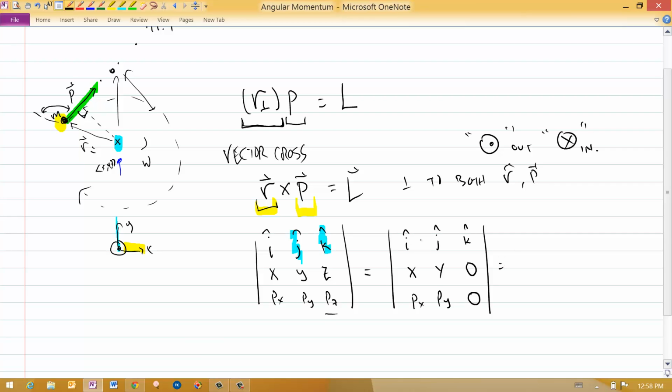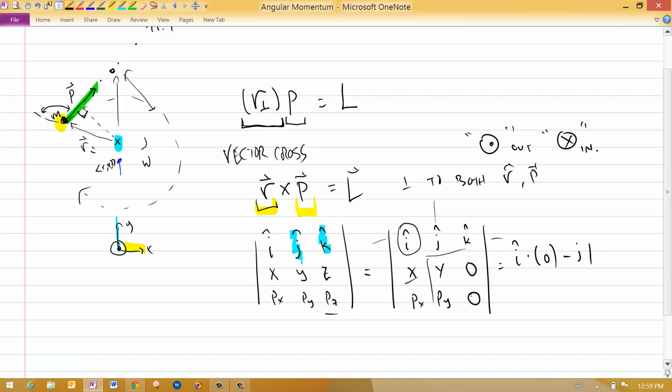Now when I take this determinant, I'm going to expand it by cofactors. So I take this unit vector and then multiply it by the determinant of this sub 2 by 2 matrix. So that's i hat times y times 0 minus 0 times py, which is 0. So there's no component for this angular momentum in the x direction. Then I do a minus sign, and then I knock this row out and this column.